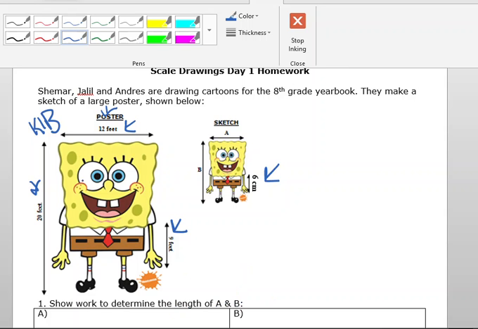Well, in order to determine the length of A here and B, I have to figure out what my scale factor is. So I have to figure out my ratio here between the 6 feet and the 9 feet. Okay, so I'm going to put 6 centimeters and 9 feet.